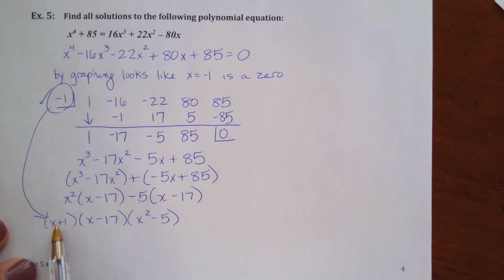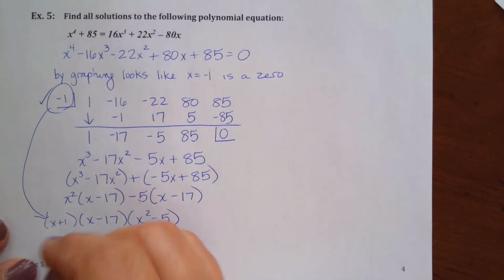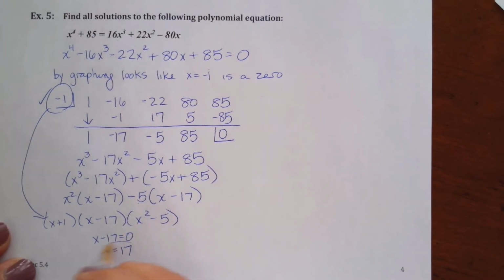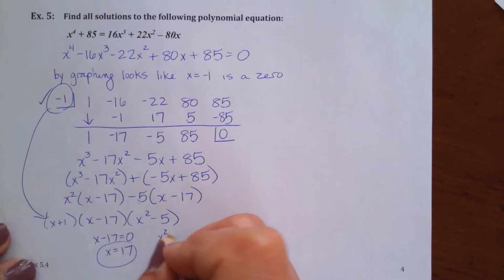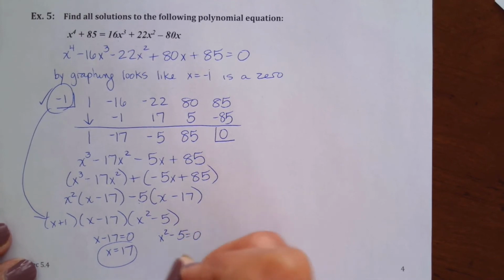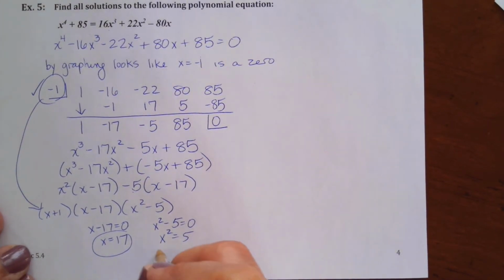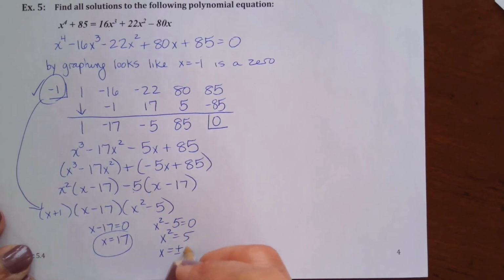All right, so we already knew that -1 was a solution, so set these guys equal to 0 and solve. So x minus 17 would give you 17, so there's another one. And then when you set x squared minus 5 equal to 0, remember, x squared will equal 5. So x is plus or minus the square root of 5.